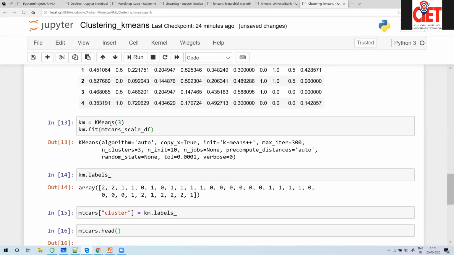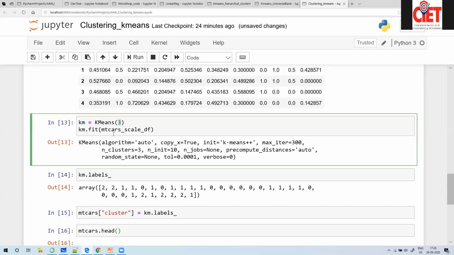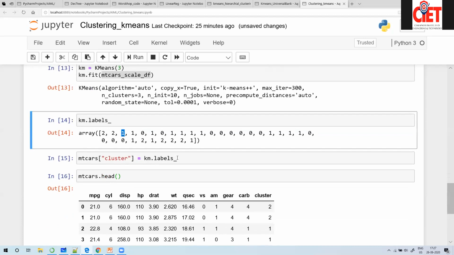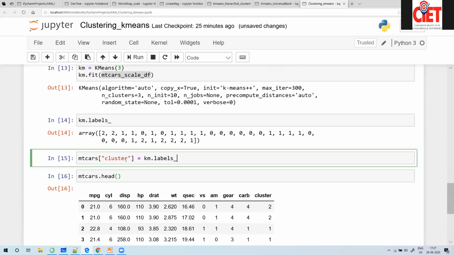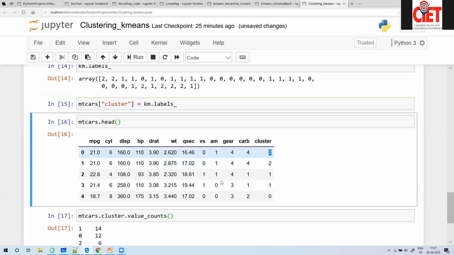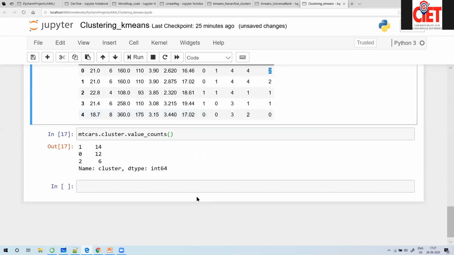We started with k equal to 3 and we fit the k-means on the scaled data. For each observation that we give as input, it has generated a label. Now we are joining that label back to the original data set. We know which cluster each observation belongs to. So that's how you get clusters.